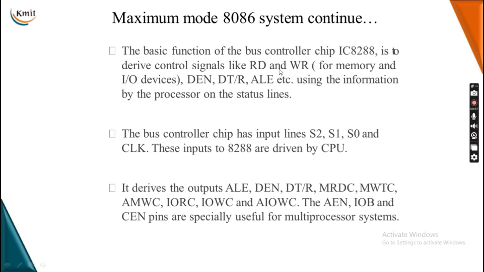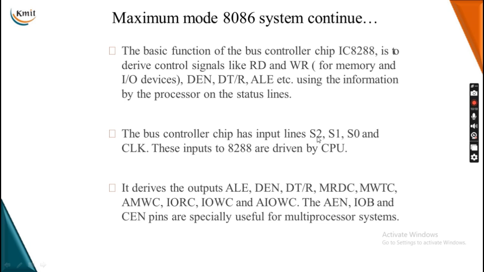The basic function of the controller is to give the control signals like read or write for memory and IO device, data enable, data transmit or receive, ALE, etc., using the information from the processor on the status lines.